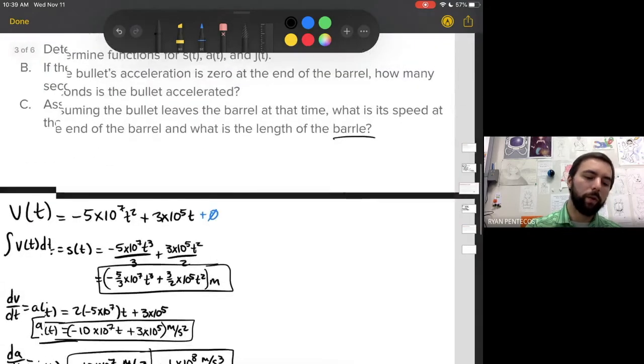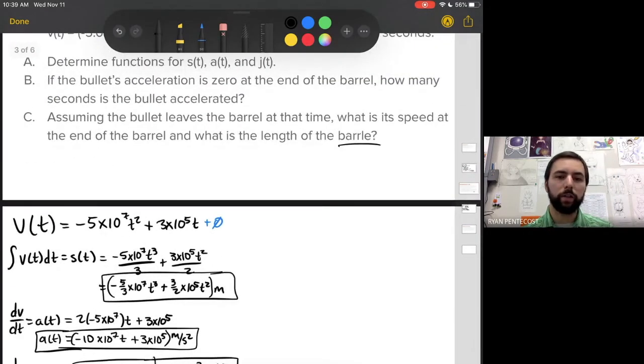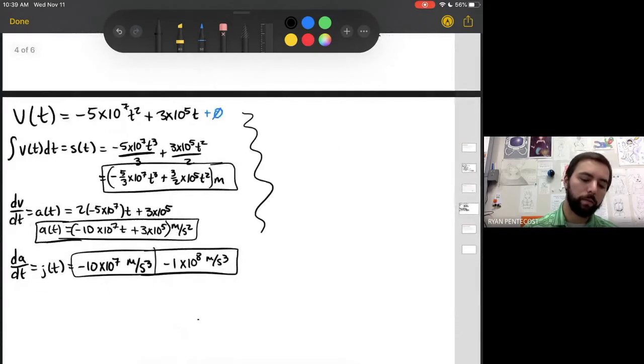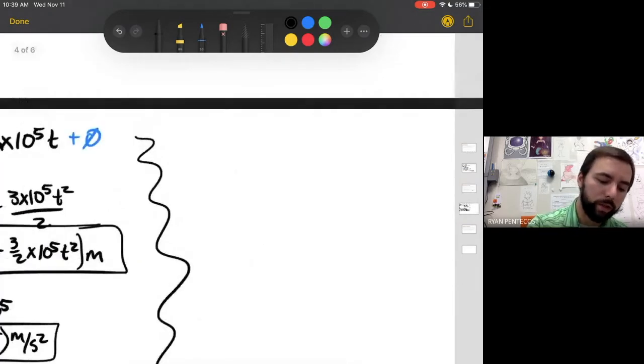Now, part B asks if the acceleration is 0 at the end of the barrel, how many seconds is the bullet accelerated? So what we can do here is set acceleration to 0 and solve for t. So let's do that. Our acceleration function, we're going to set to 0.